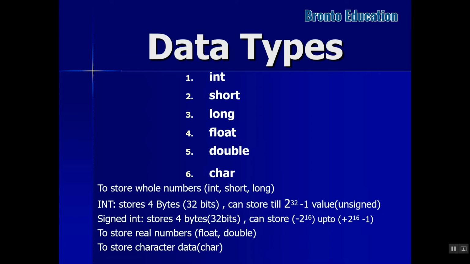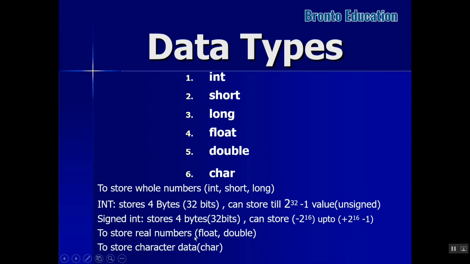So 4 bytes means 32 bits, which can store up to 2 power 32 minus 1 if it's unsigned. But if it was signed int, this will also be 4 bytes, 32 bits, but it will store from minus 2 power 16 up to positive 2 power 16 minus 1.